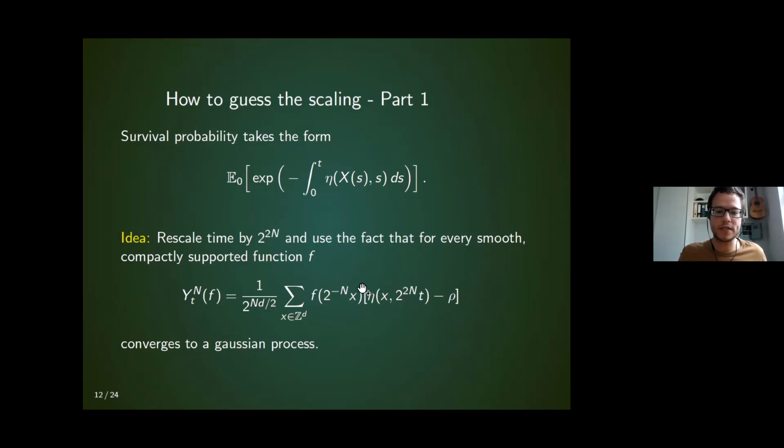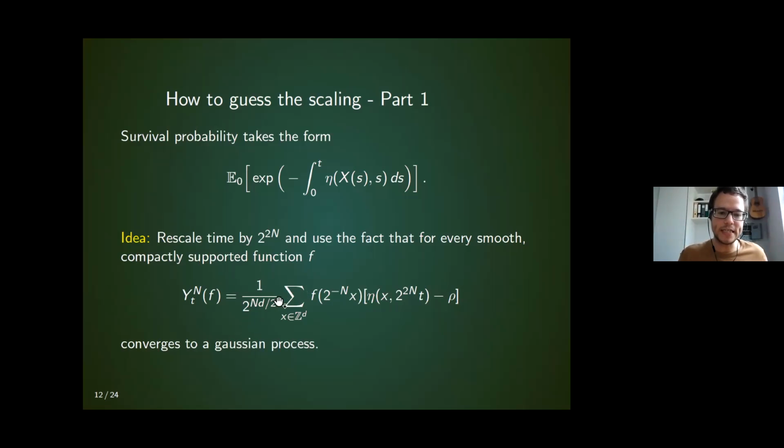And then you have this function f, which is compactly supported. So if 2 to the minus n times x is of order much larger than 1, f simply becomes 0. So the terms x in the sum that really contribute are all those such that x is of the order more or less 2 to the n. So the number of points in the sum is 2 to the nd.